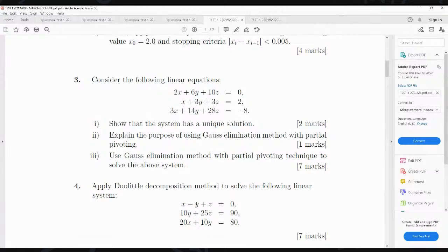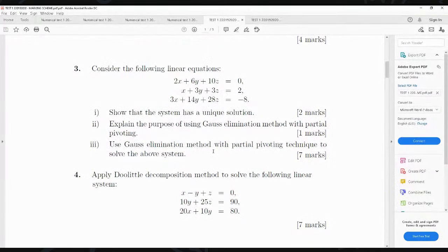The second is we want to use Gauss elimination with partial pivoting, and explain the purpose of Gauss elimination with partial pivoting to solve a linear system of equations. Pivoting, because you apply the elementary row operation and use Gauss elimination with partial pivoting to solve this problem. So very easy.